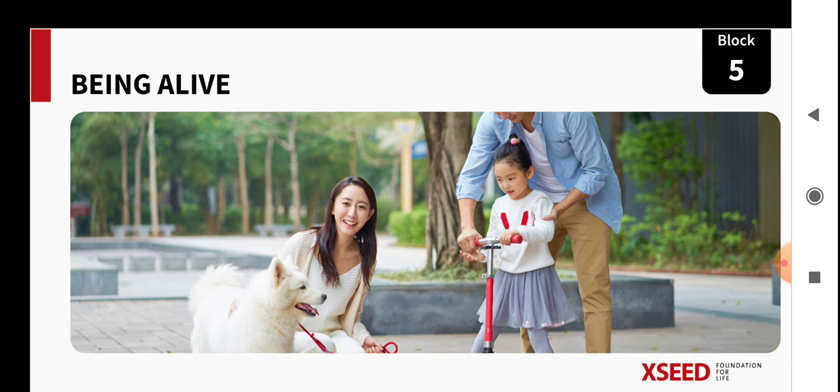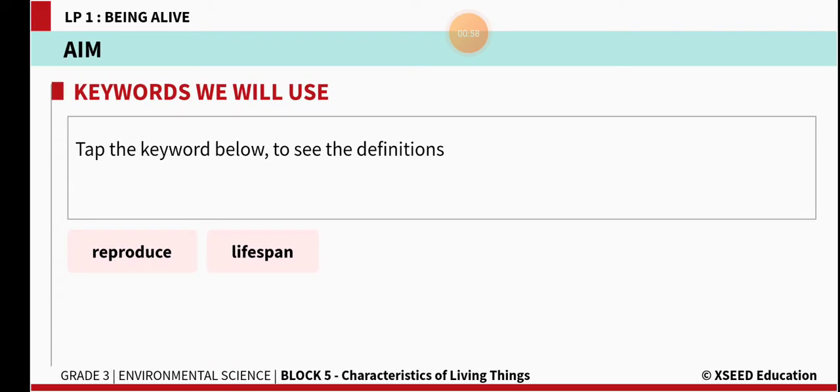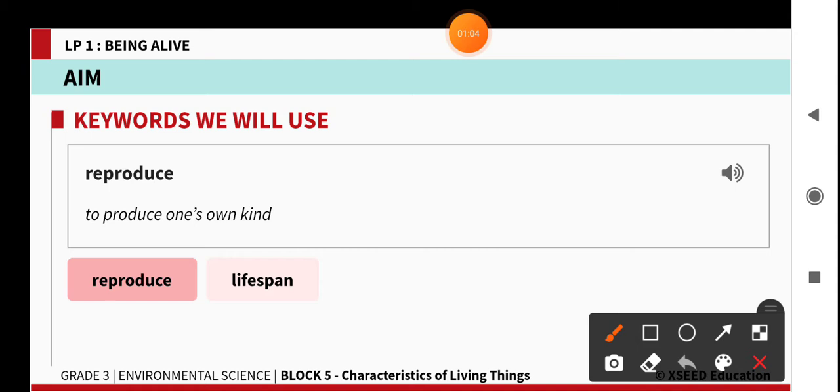So before going to our lesson, we'll see the new words in this content. The first one is reproduce. Reproduce means to produce one's own kind, with similar features. The production of new species is known as reproduction.